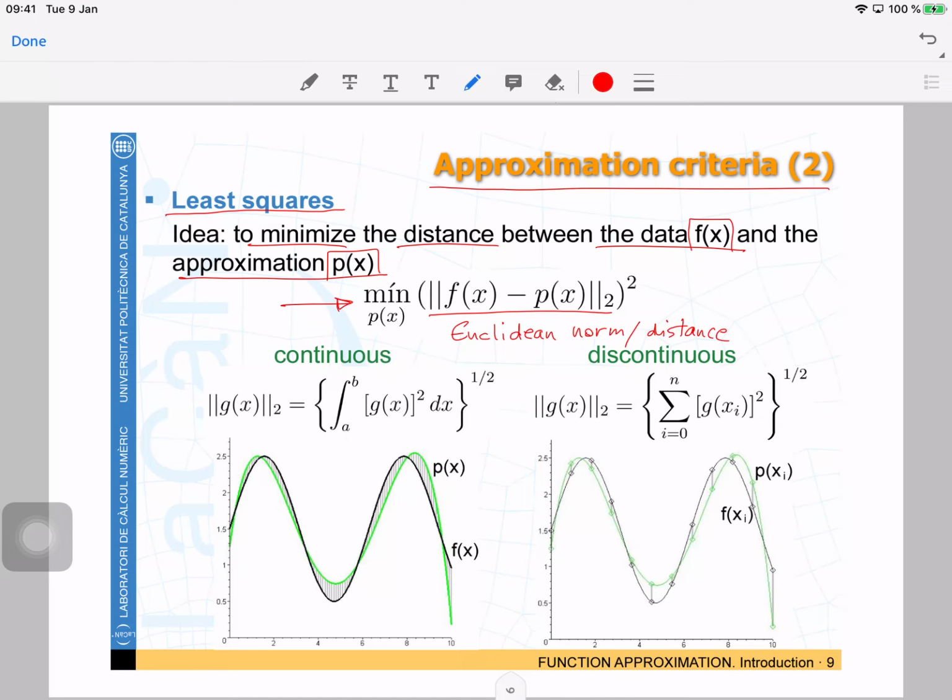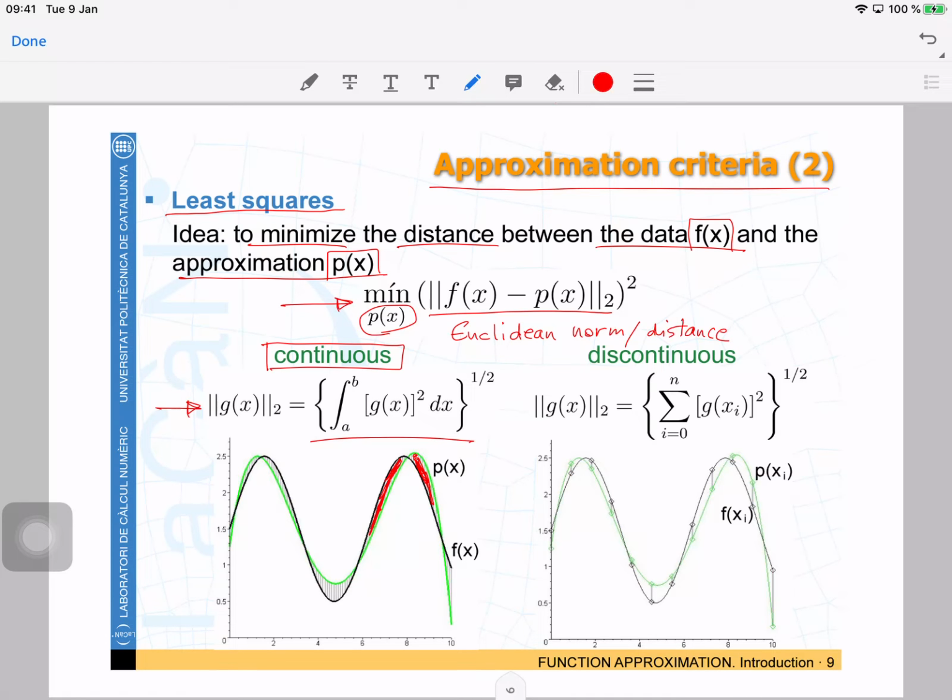If we minimize the square of this norm with respect to p, then we can get our approximation. In the case that f and p are both continuous, this norm is defined as this integral term, and it is basically a function of the area between p and f, all these areas.